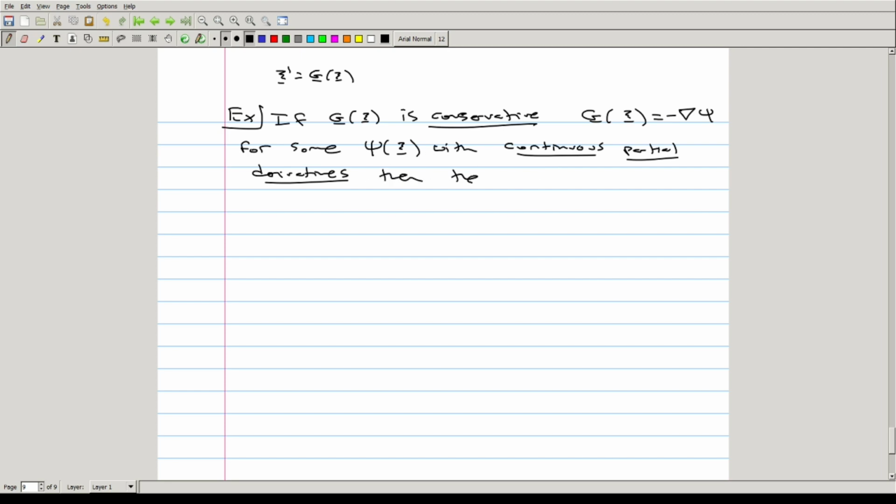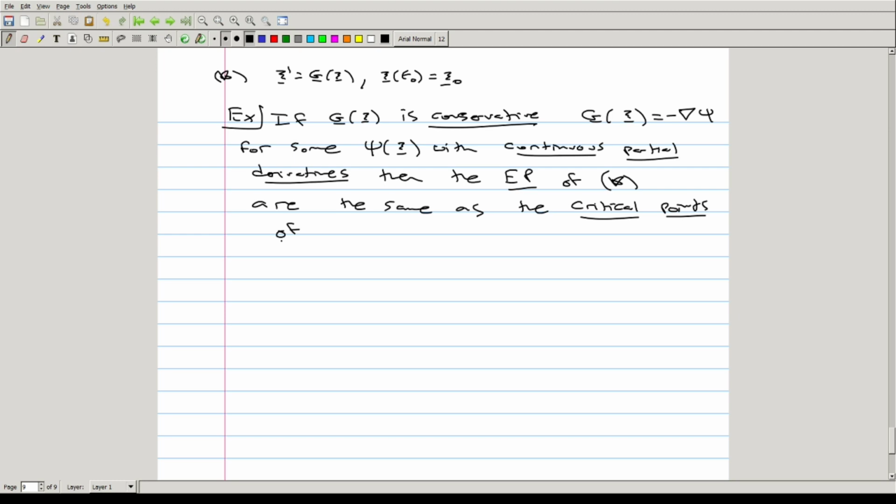then the equilibrium points xi star are the same as the critical points of the function psi of xi 1 to xi n.